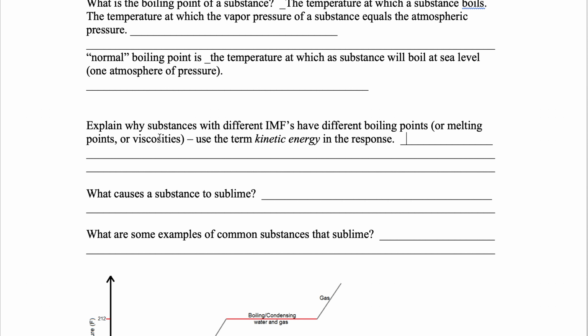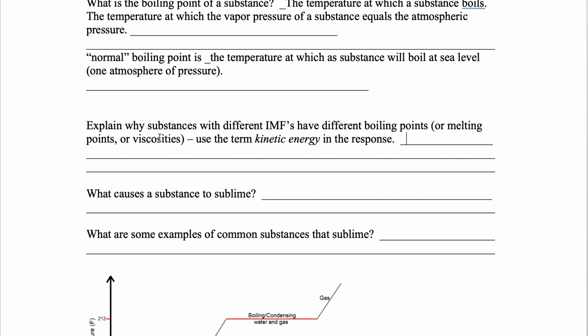As this is happening, this increased kinetic energy starts to have an impact on the intermolecular forces. And when there is enough kinetic energy in the particles of the substance to overcome the IMFs holding the substance together as a liquid, the substance will boil, or it will turn into a gas.